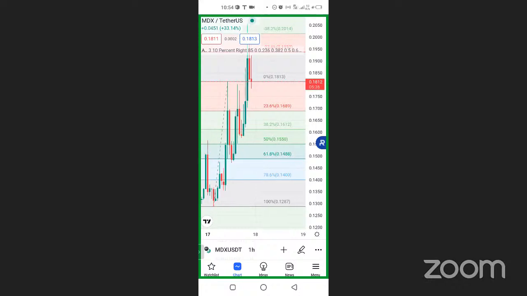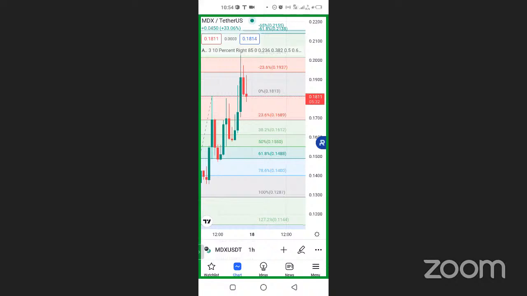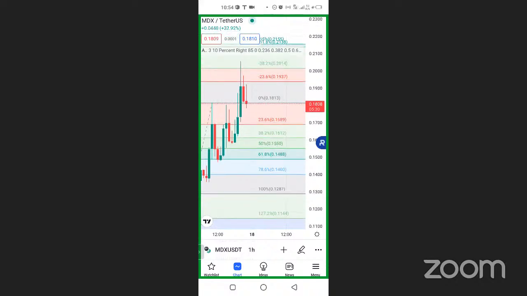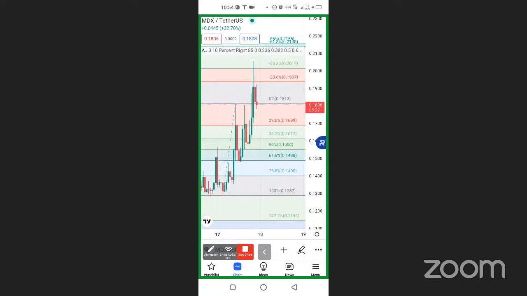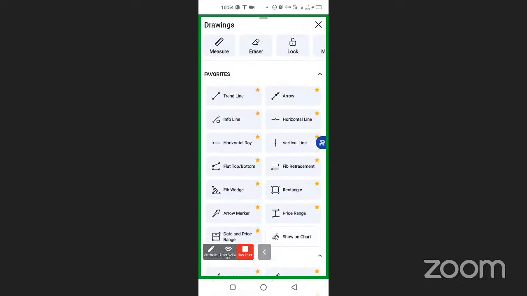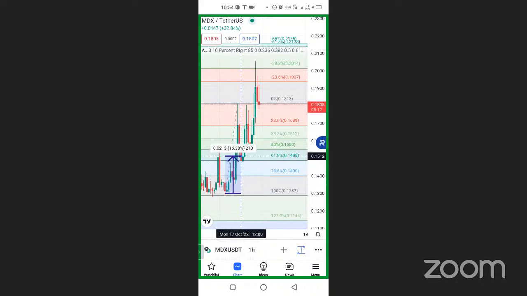The auto Fibonacci retracement line, this one indicator, has important areas. If the market moves from 100, like you see here, the market moved from this point, from here, and it touched this line.